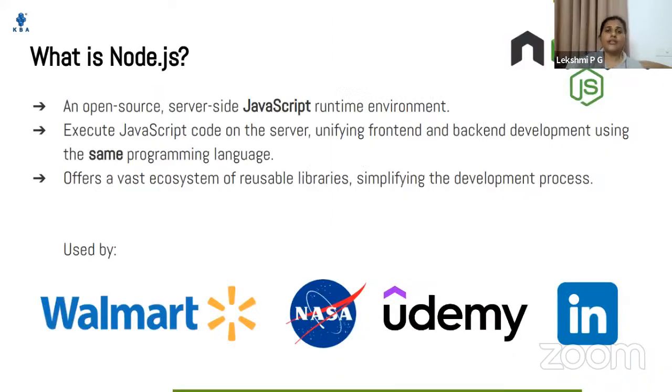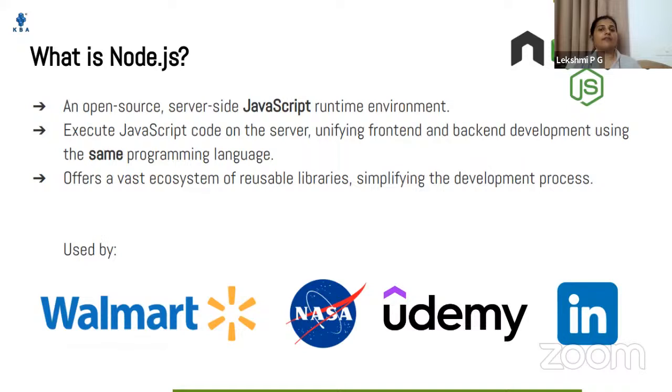Now, if we are using JavaScript for our backend part, I already told you we can program this backend with any language we are comfortable with, maybe Java, JavaScript, Rust, Python. If we are using JavaScript for backend programming, then we need a runtime environment. JavaScript needs a runtime environment for programming on the backend side. That runtime environment is called Node.js.